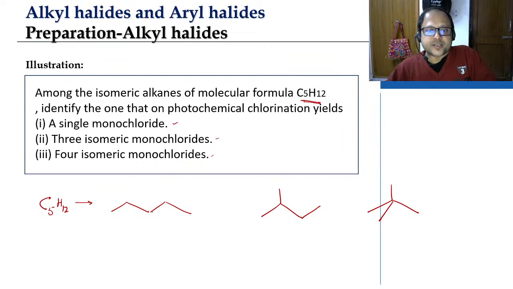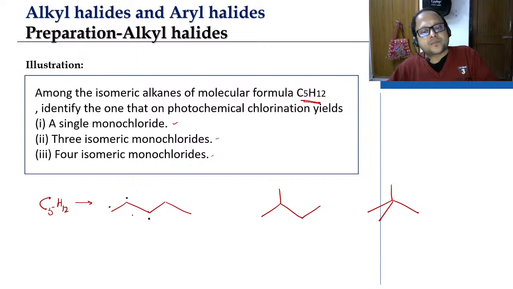So let's check all of them one by one. If you have monohalogens, from n-pentane you can have 1-halopentane, a new one is going to be 2-halopentane, 3-halopentane, but then it is going to be a repeat. So this will be again 2-halopentane and 1-halopentane.